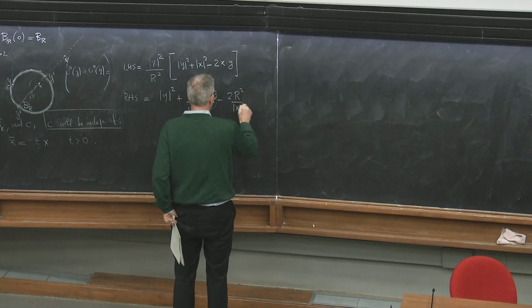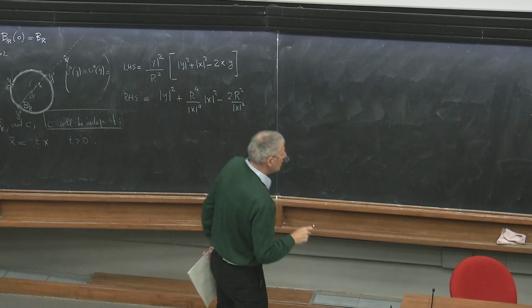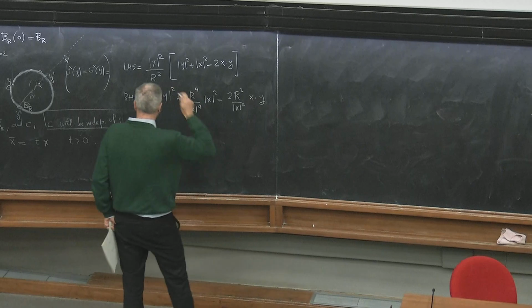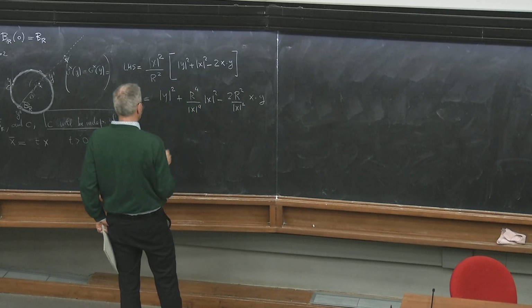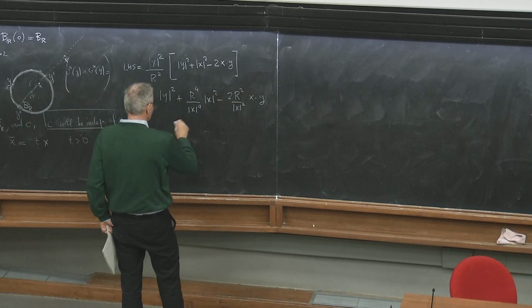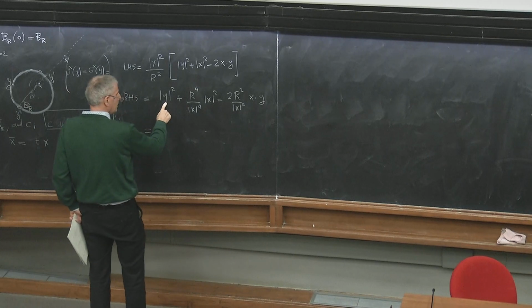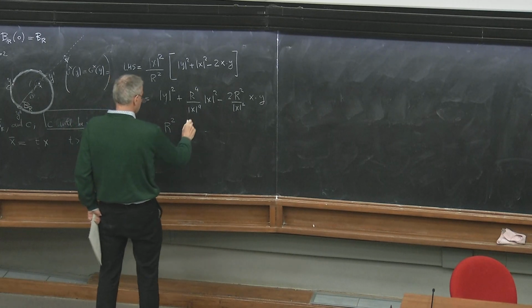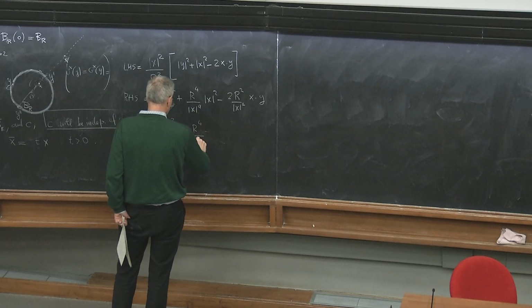If I make mistakes, please stop me immediately, because otherwise I go on, x scalar product with y. Okay, so this right-hand side is also equal to y. We are on the boundary, so this is r squared. Y is on the boundary. This is r to the 4 divided by x squared.